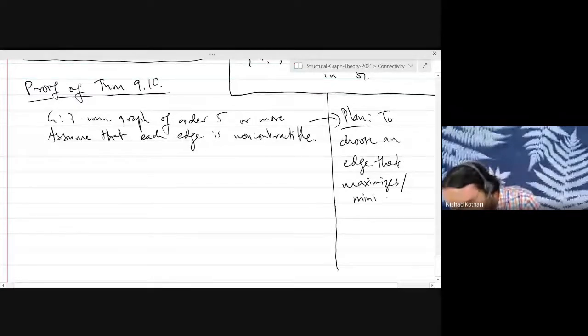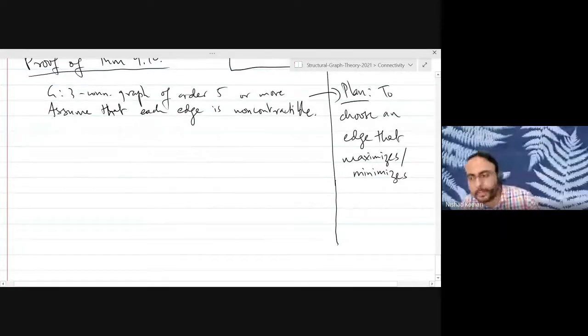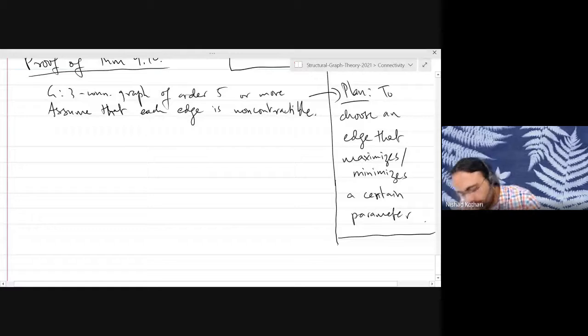So you can try assignment 1 problem 3 again after seeing this proof and see if you can find a similar argument for that, which I think is simpler than the argument most of you found. So you choose an edge that maximizes or minimizes a certain parameter, and that will help us in getting at a contradiction.